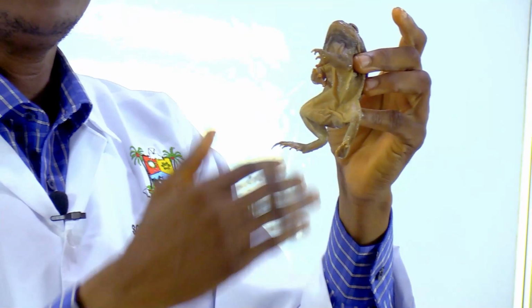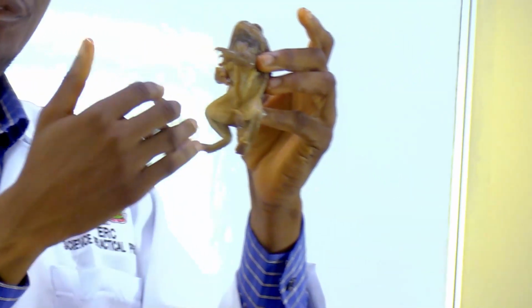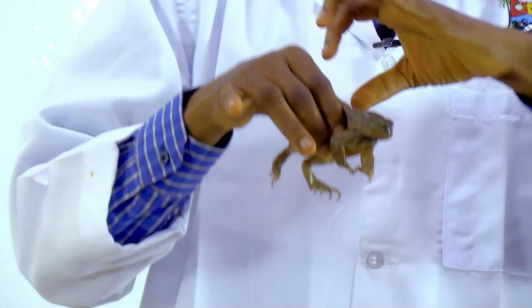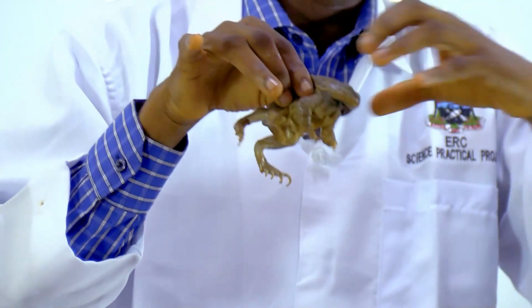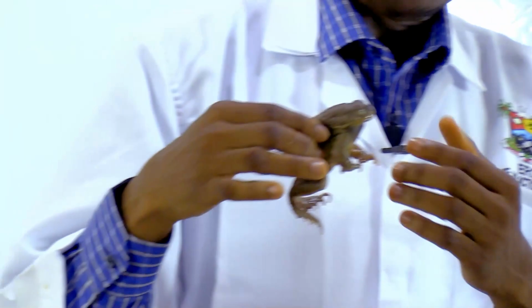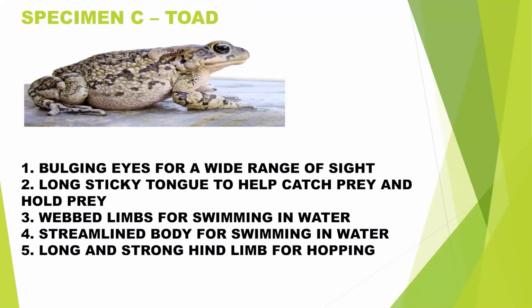So we always say it possesses a webbed foot. For what? For it to be able to swim in water. A toad also has a streamlined body, a pointed body, also for swimming in water. And then it also possesses long and strong limbs for hopping through its environment.